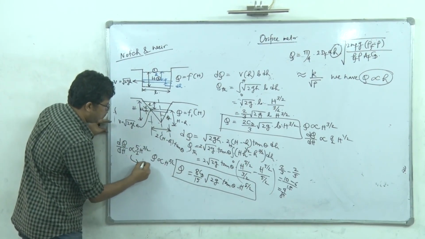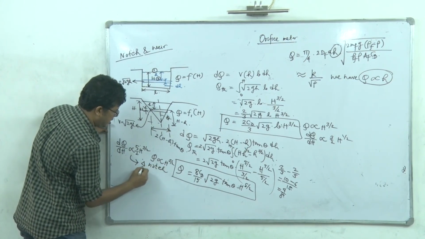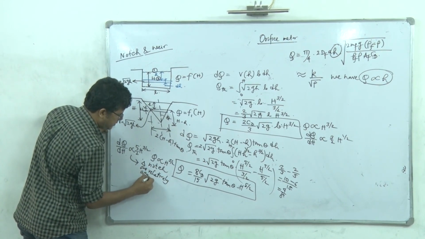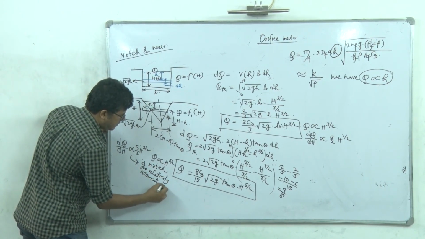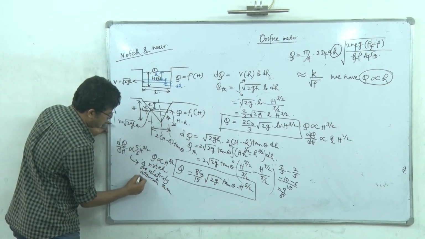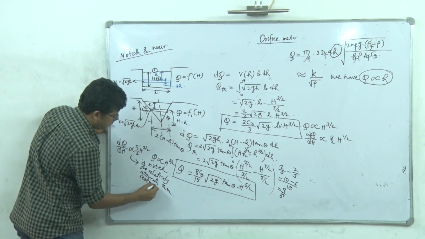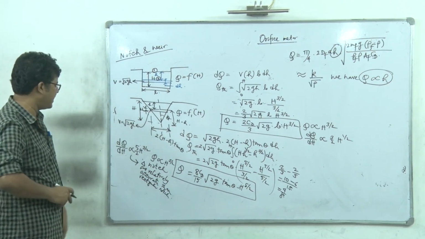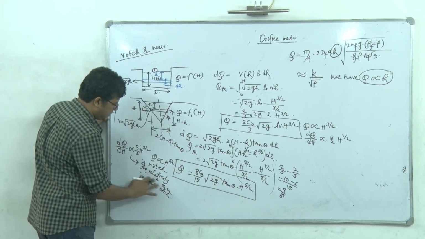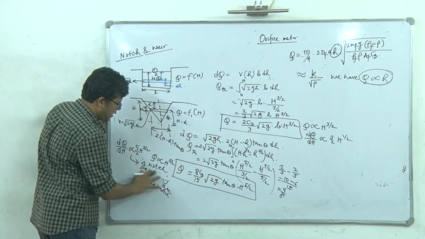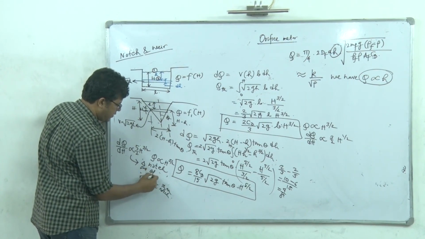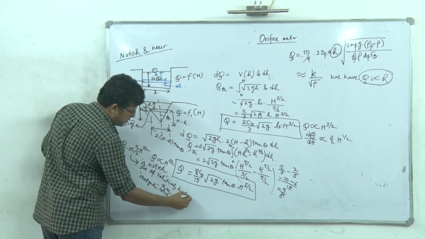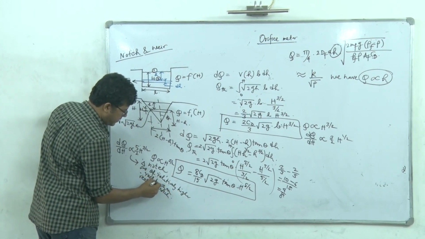So a triangular notch is relatively accurate than this rectangular notch. Actually here it should not be said as accuracy, but relatively triangular notches are of relatively higher resolution, right?